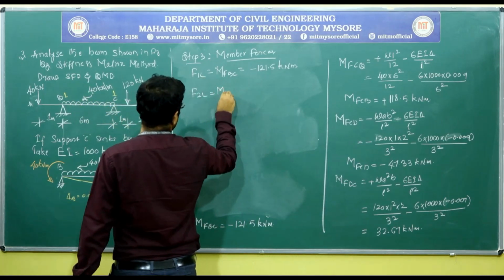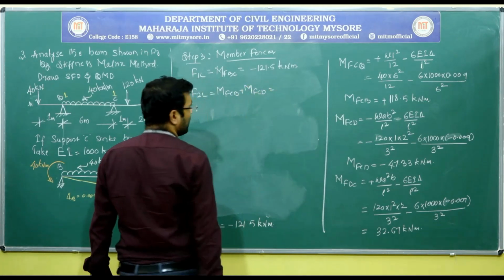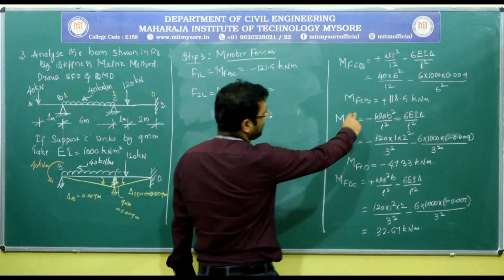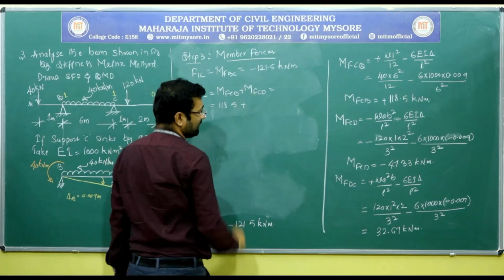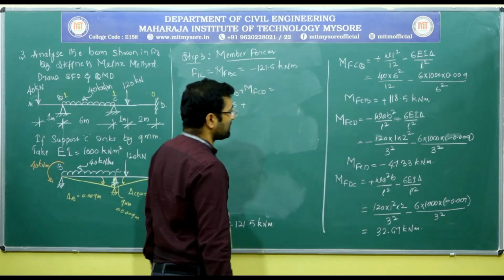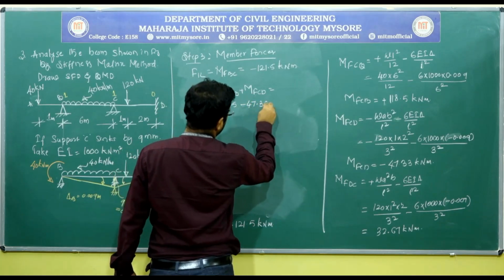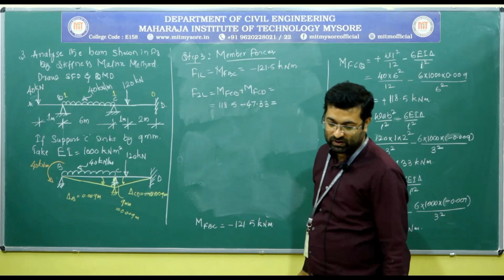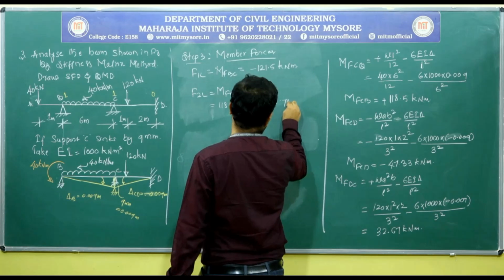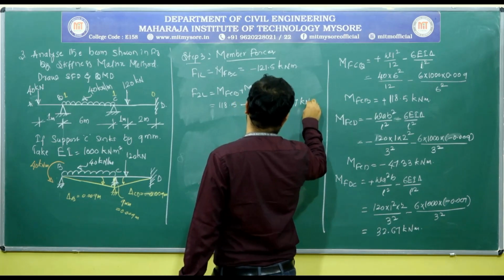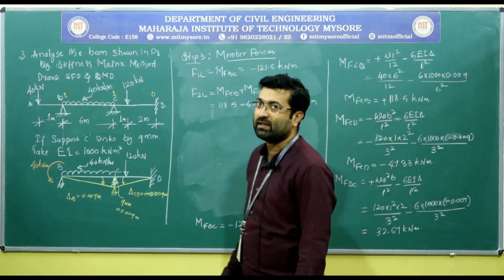So it is MF CB plus MF CD. As per our calculation, MF CB is 118.5 plus MF CD, which is minus 47.33, which gives me a value of 71.17 kilonewton meter. So these are the values of F1L and F2L.